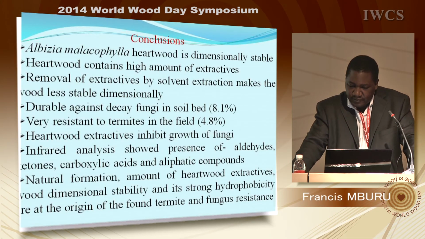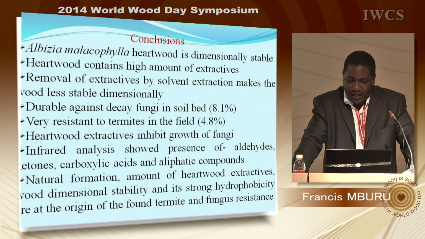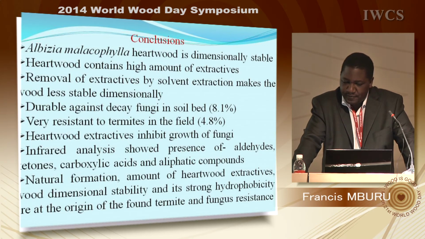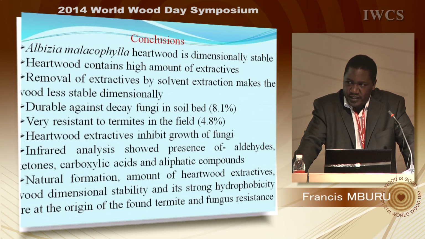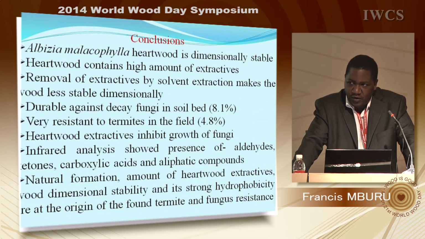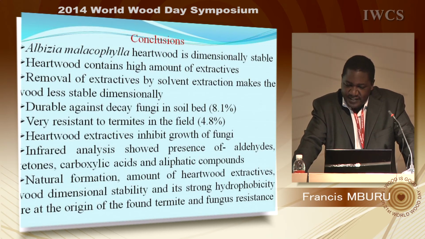So in my conclusion, I would say Albizia maracophylla heartwood is dimensionally stable. The heartwood contains very high amounts of extractives. Removal of those extractives makes the wood less stable. This wood is durable against fungi in the soil bed, losing very little. This wood is very resistant to termites, where we recorded weight loss of about 4.8% after 6 months.